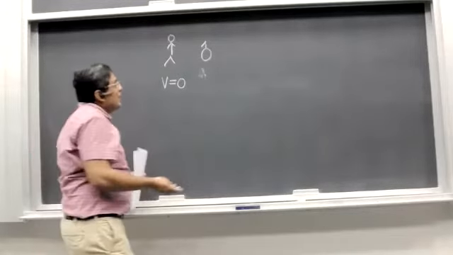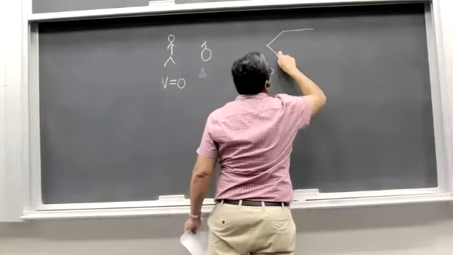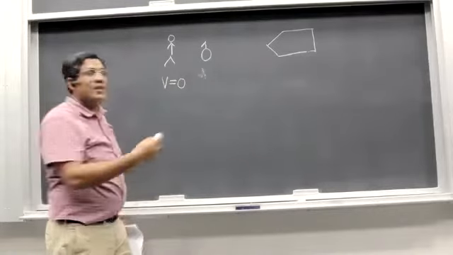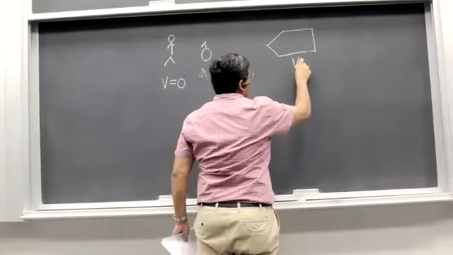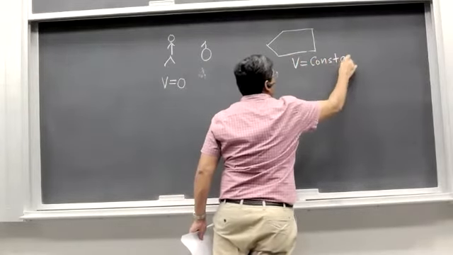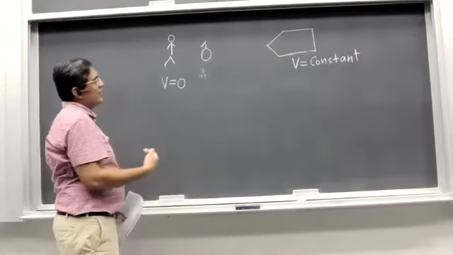Okay, and let's say then there is a spaceship which is approaching with a constant speed initially. Okay, v is constant. A constant speed is not accelerating.